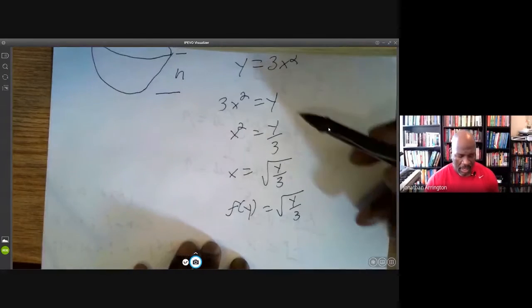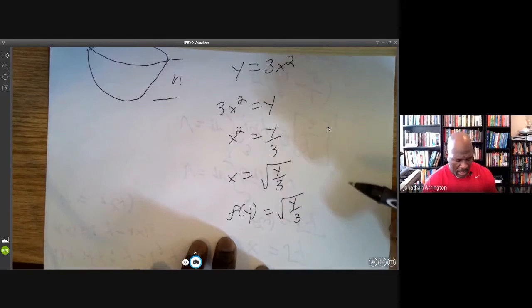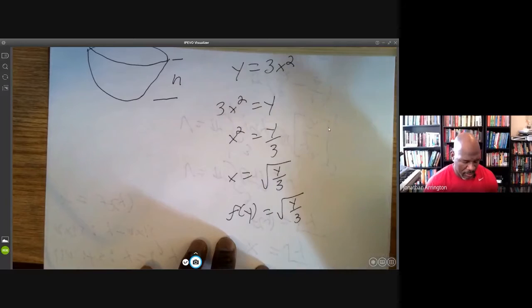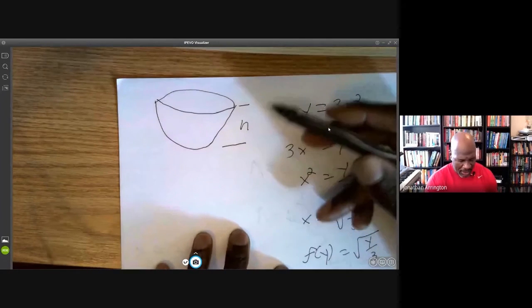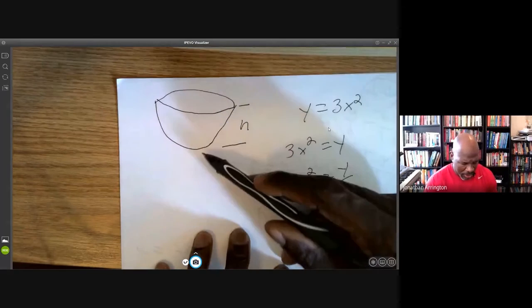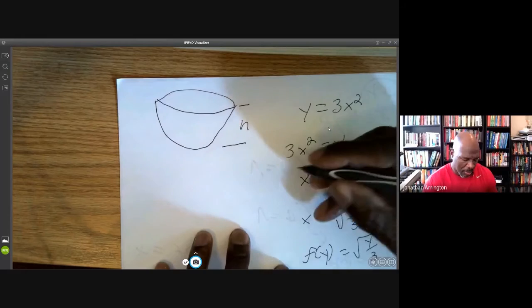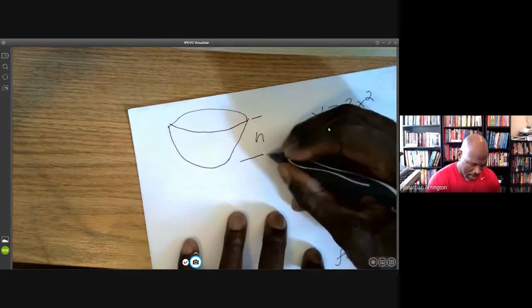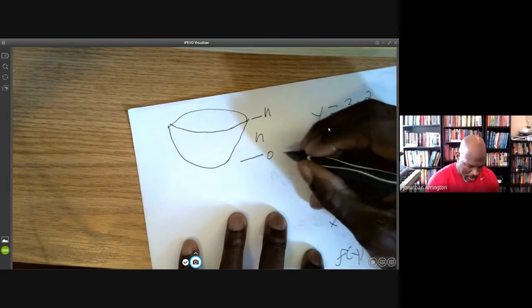All right, so we have our f of y, and we have our axis of rotation, which is the y-axis, but we don't have our limits of integration. So this height is h, and where this starts and where this ends doesn't matter. I know it's h. So probably the easiest thing to do is say this starts at 0. This is 0 right here, and this is h up here.